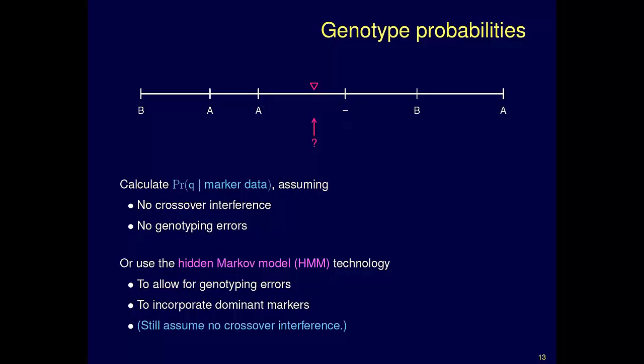So if a different individual, with different genotypes, has a B here, A, missing the genotype here, and a B here, and an A, if we assume no genotyping error and no crossover interference, then we just need to look at, for that individual, the 2 nearest flanking typed markers. So we look at this marker and that one, and ask, given it's A and then B, what's the chance that it's A here?